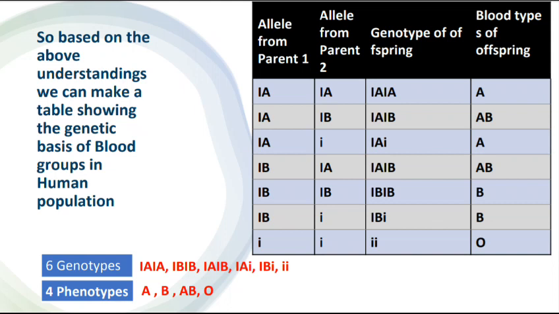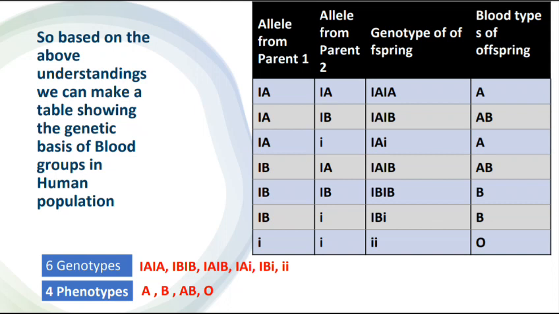Similarly, again we can see, if parent 1 has the IA allele and parent 2 has i, the genotype of the offspring will be IAi, and the blood type of the offspring will be A type.